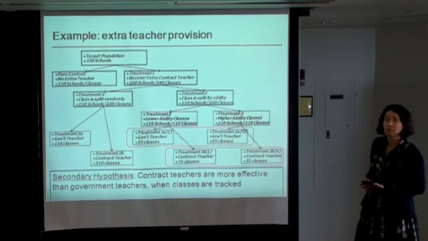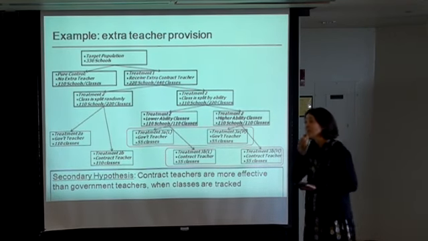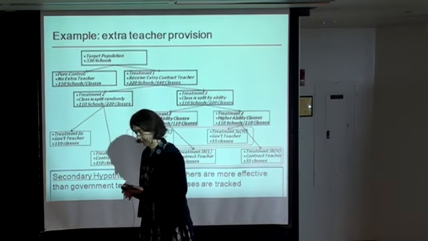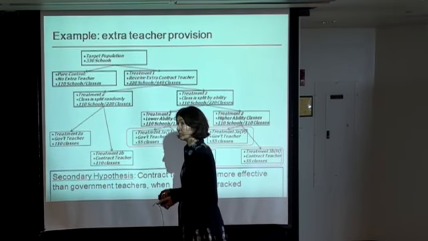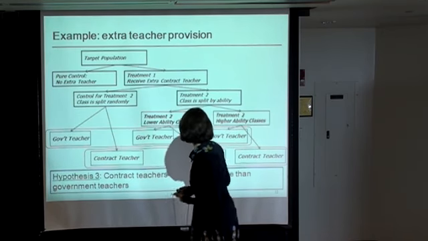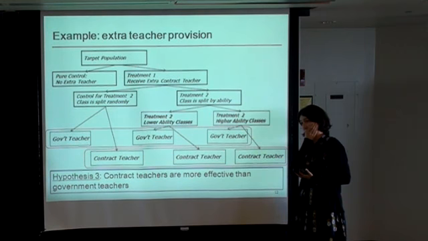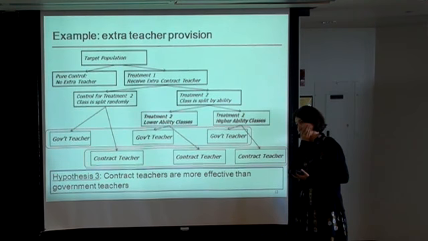But wouldn't it limit your ability to compare across your different treatments? Please go back to the last slide. If you've got a contract teacher who's now having to do the work of a government teacher too, maybe those two classrooms now effectively become one.